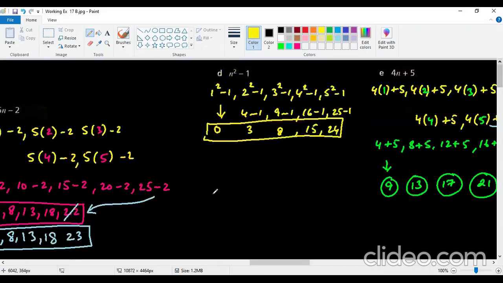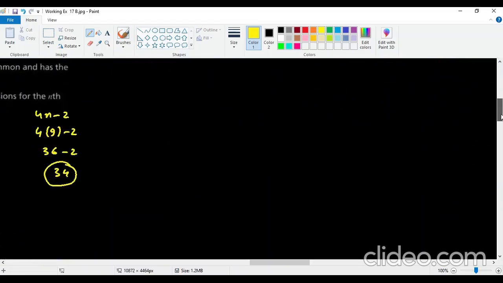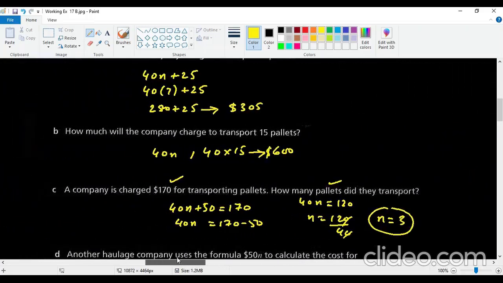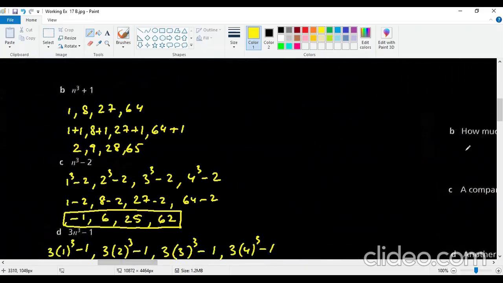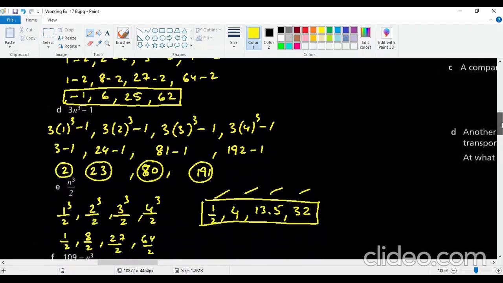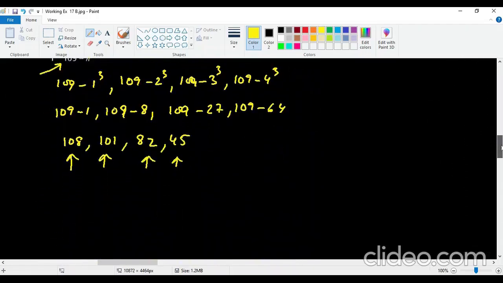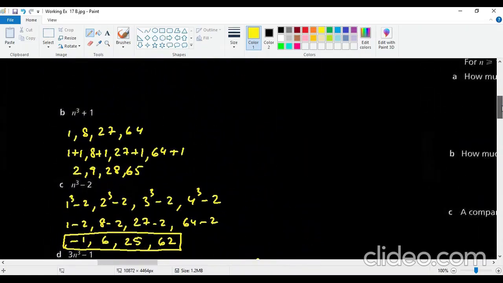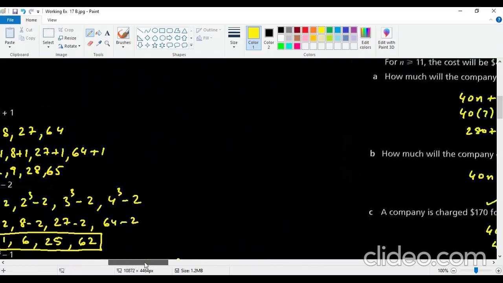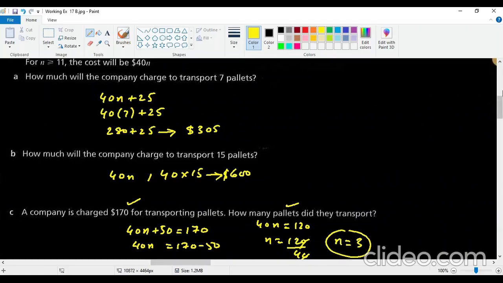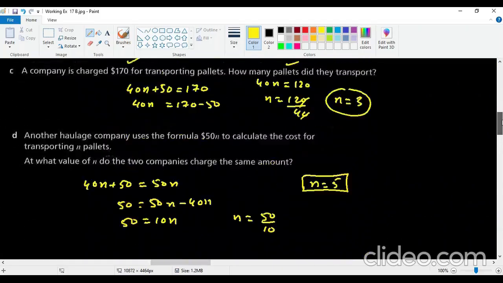Just a slight thing I have found in this question over here. In here, I have made a mistake, I guess, in finding out the value.